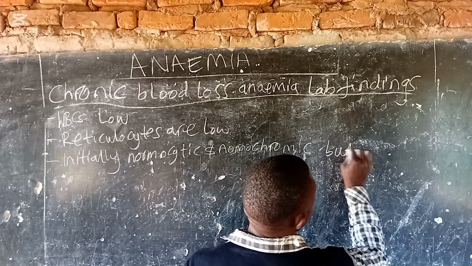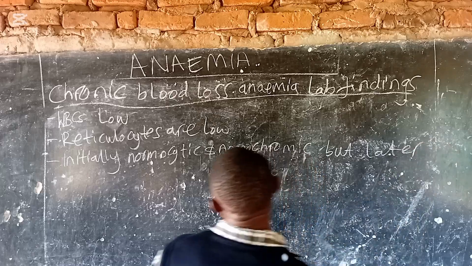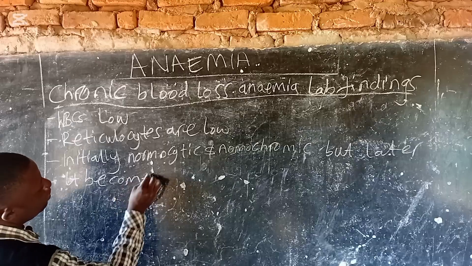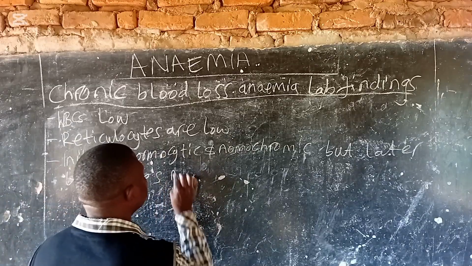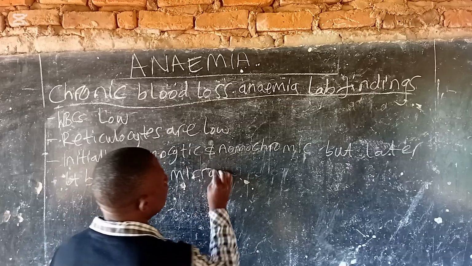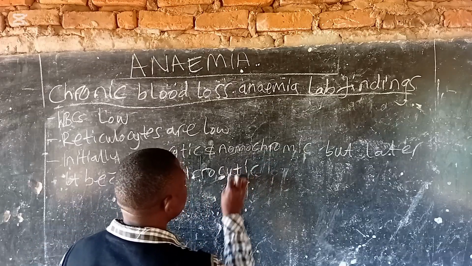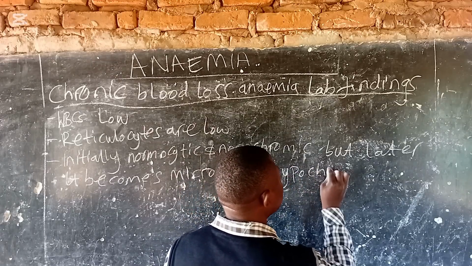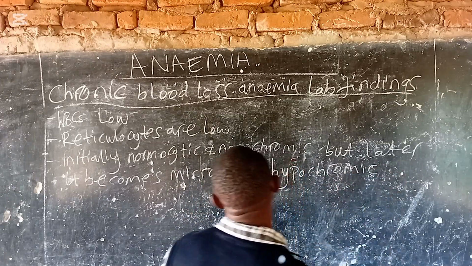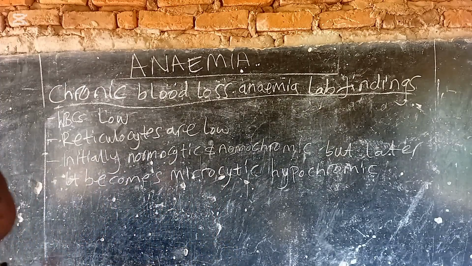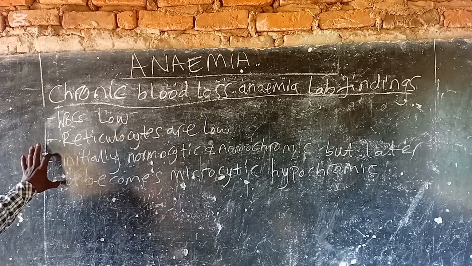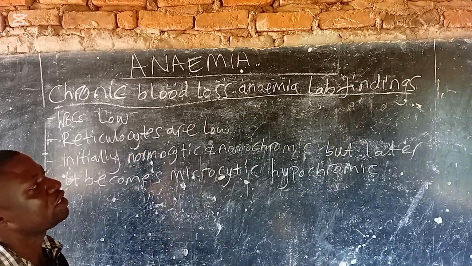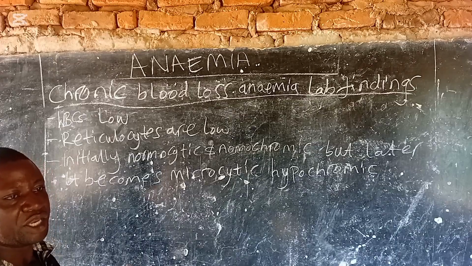But later it becomes microcytic hypochromic. That is the appearance of the red blood cells in the slide of somebody who has chronic blood loss anemia.